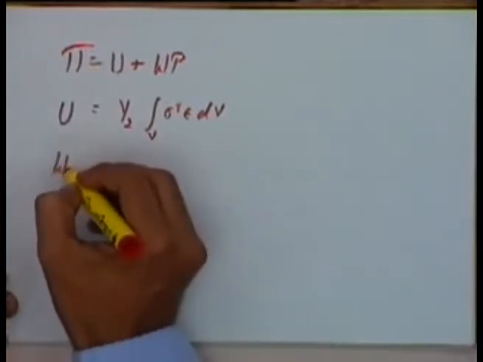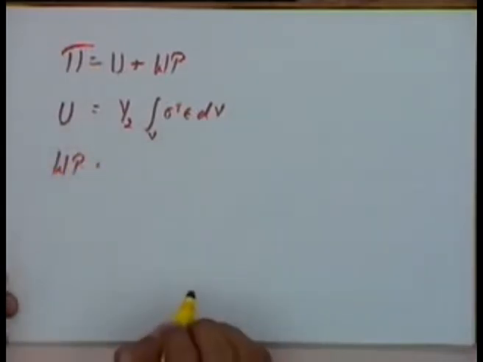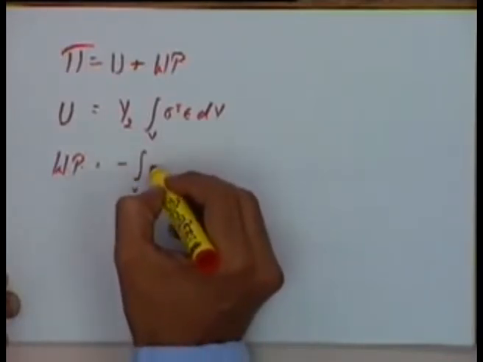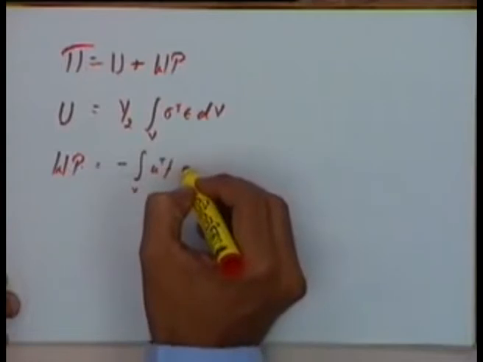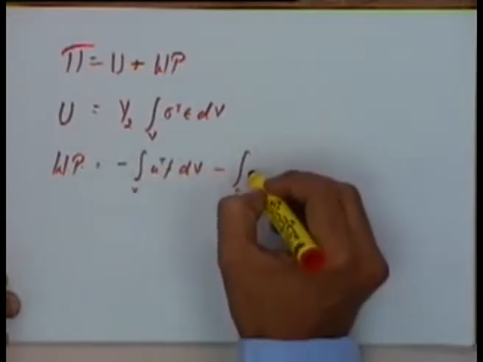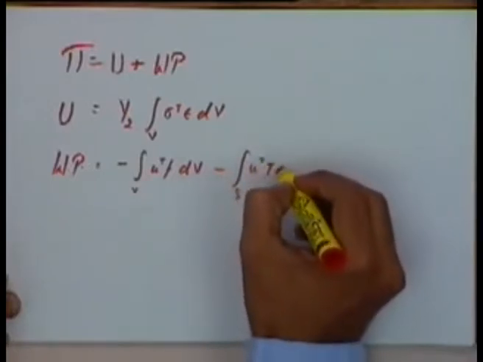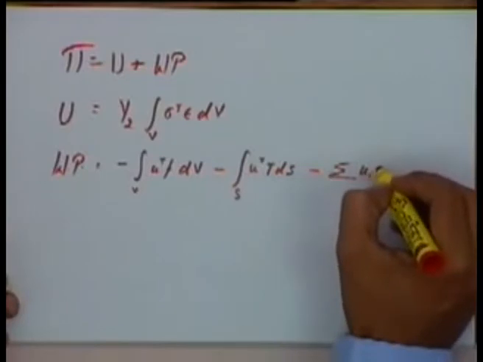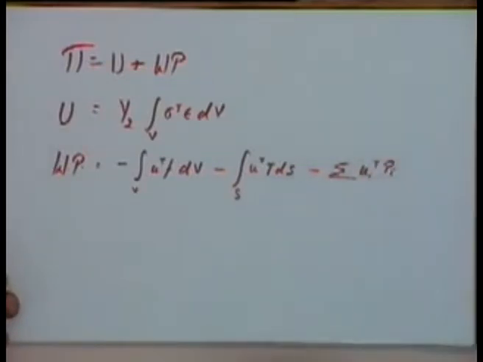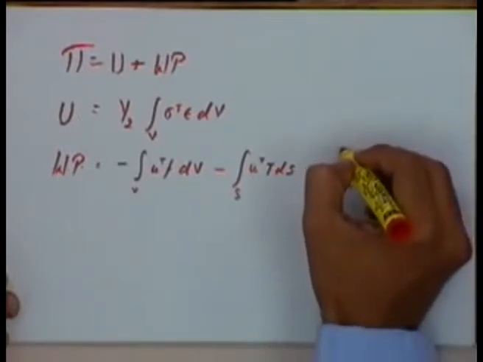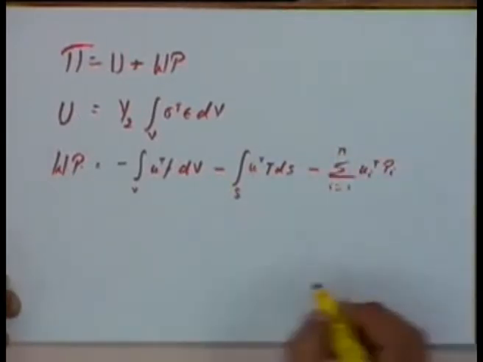And the work potential would be minus the integral of u transpose F dV, minus the surface integral of u transpose T dS, minus the sum of all ui transpose Pi, with i going from 1 to n.